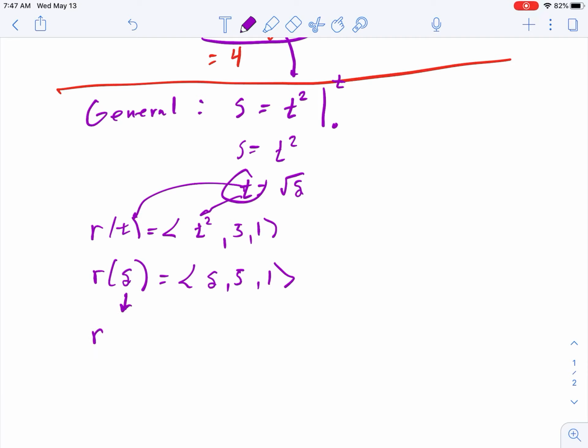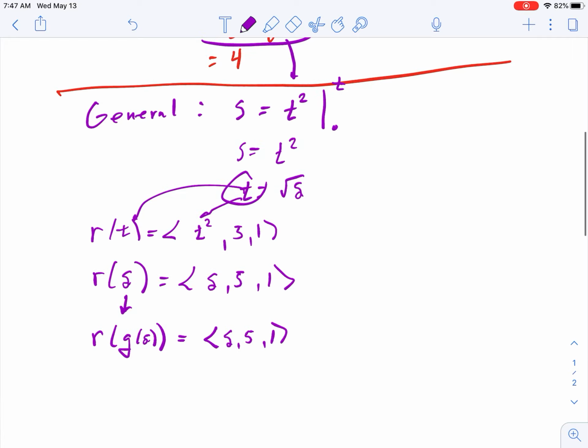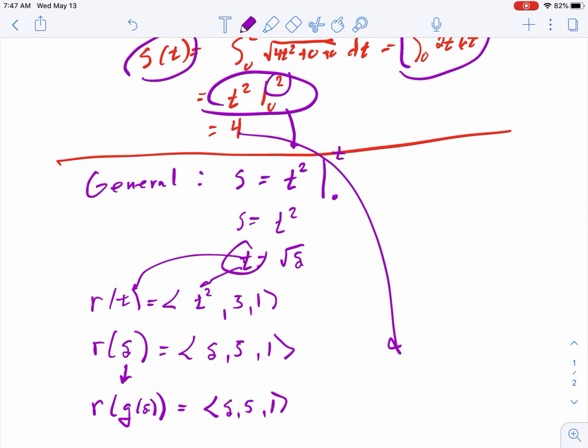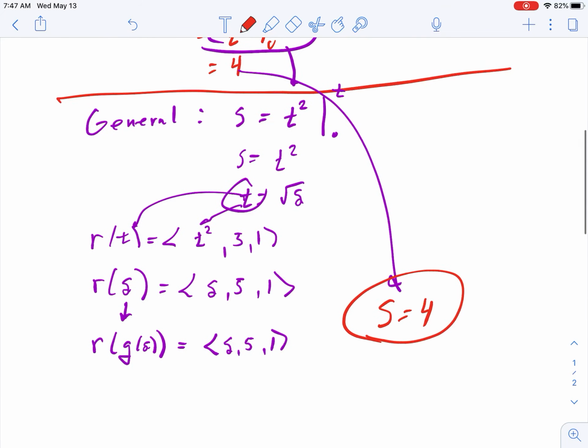Sometimes, like I said, you'll see this written like a function composition, where you have r of g of s, which is s, 5, 1. So if we look at the distance we found up here earlier, in red, we found a distance of 4.